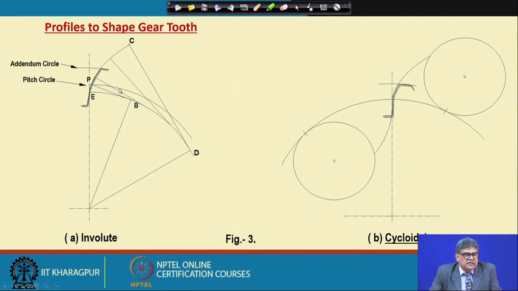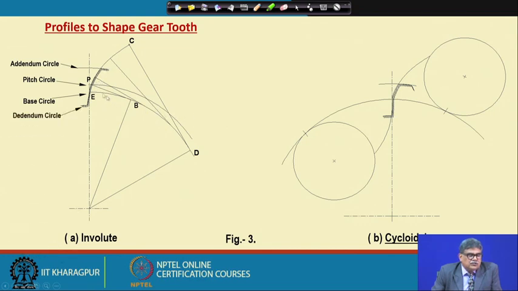This is called the pitch circle, a reference circle which will be there when two gears are rotating, the common circle which is touching each other. We shall come to that later, but this is called the pitch point. It is on this line, and this is called the base circle, on which this profile is generated.